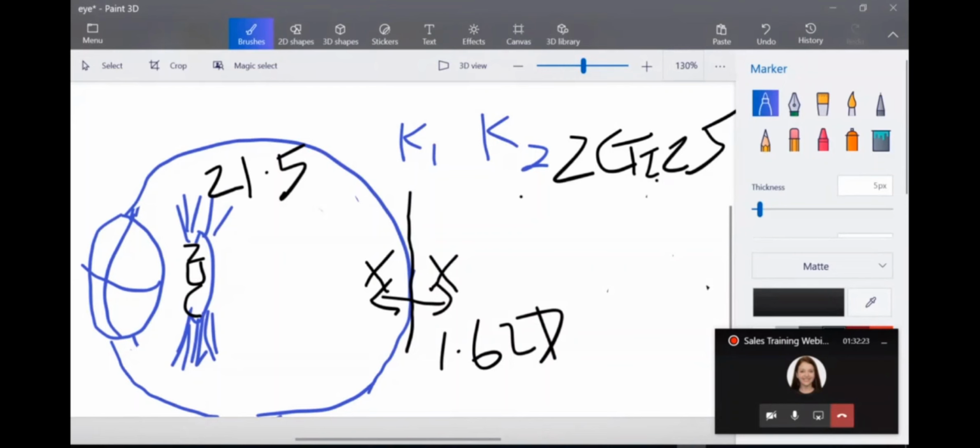So you take 2.25 divided by 2, so that gives you, I think it's 1.175 on either side. Let me do a calculation.